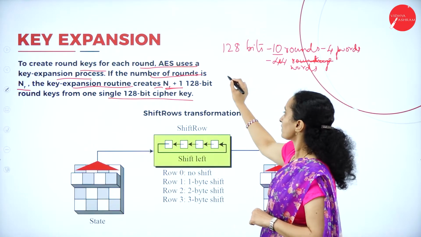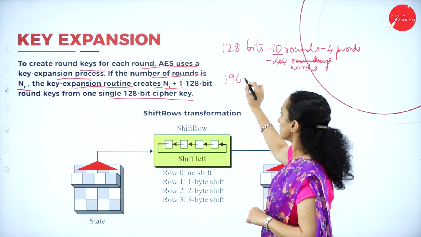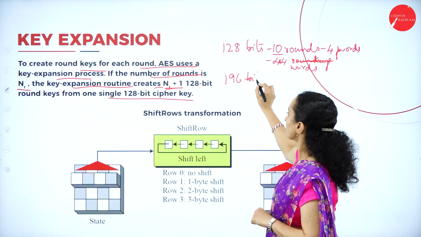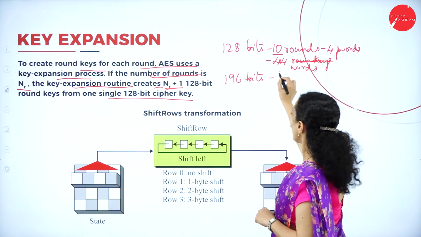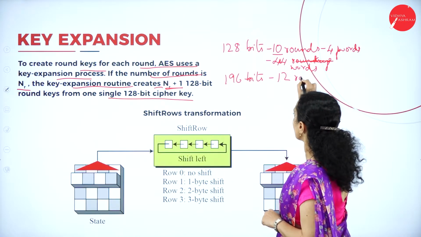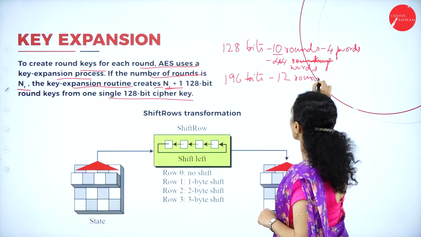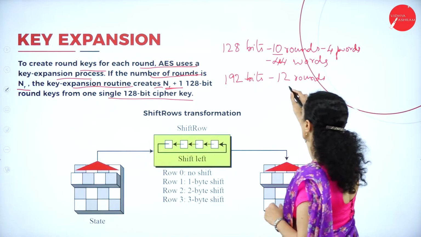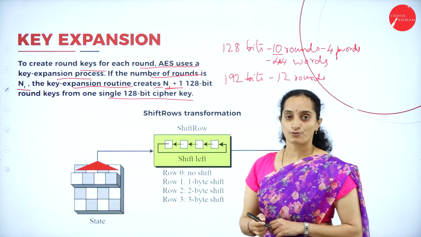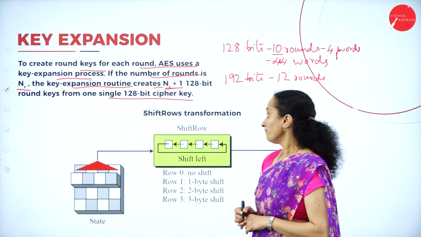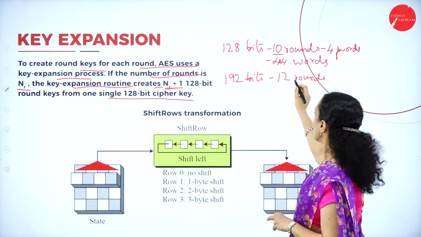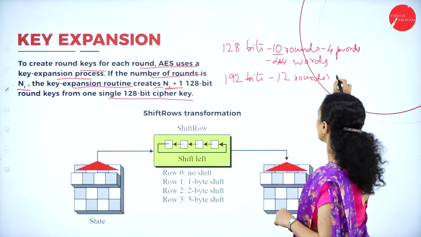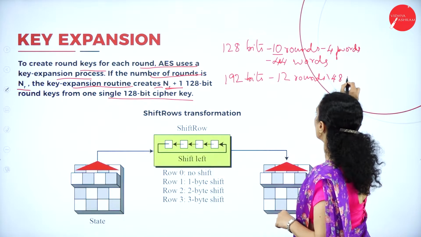If it is 192 bits, it will be 12 rounds, isn't it? If it is 192 bits, we are going to use 12 rounds of round keys. That means 12 into 4 is 48 words.